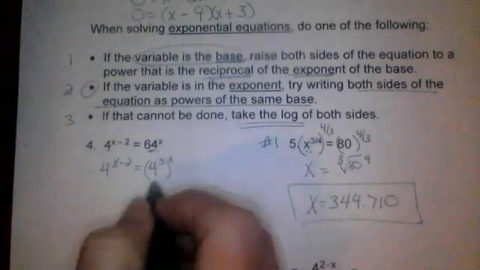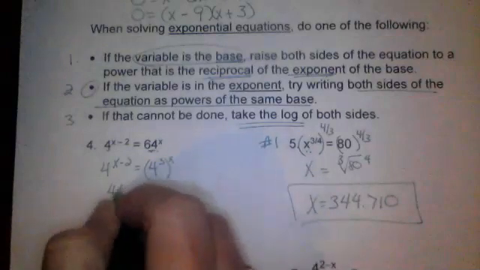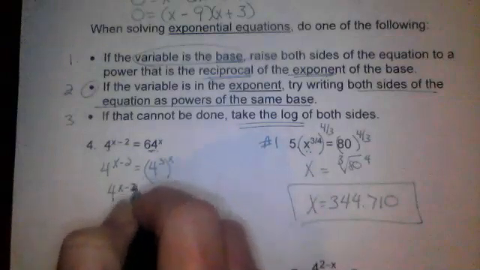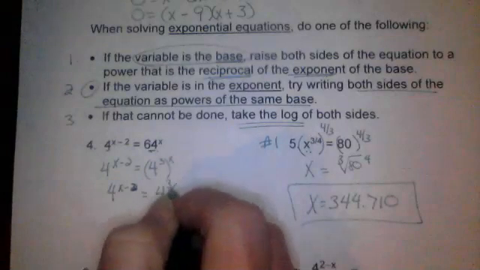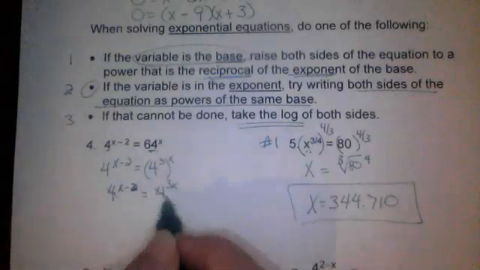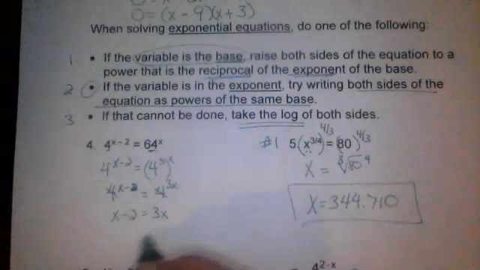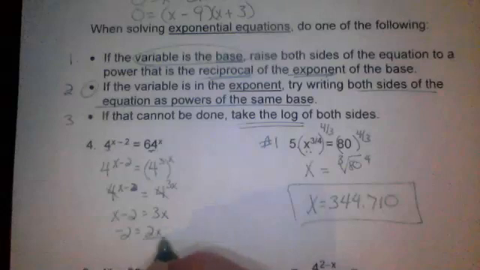And so I can power to power multiply, x minus 2 equals 4 to the 3x. And then I can cross those out, and x minus 2 equals 3x. So I'm going to subtract x, negative 2 equals 2x. Divide by 2, x is negative 1.